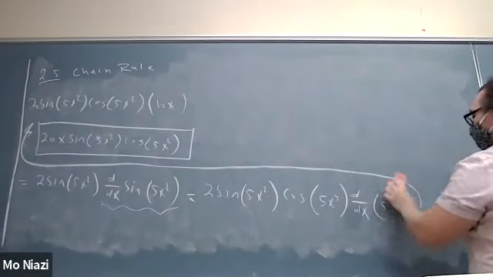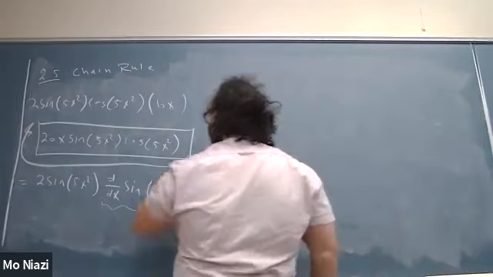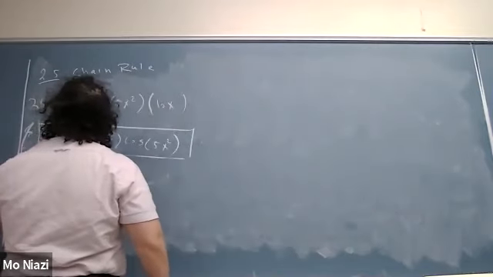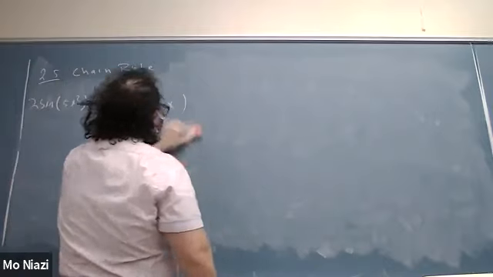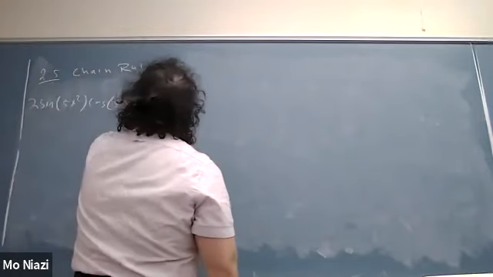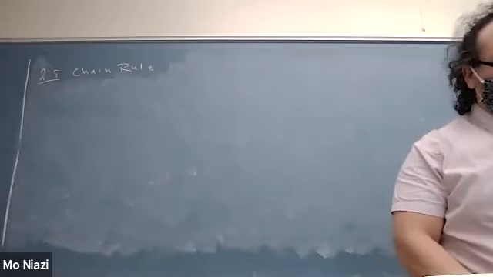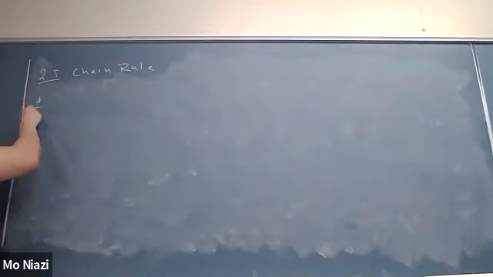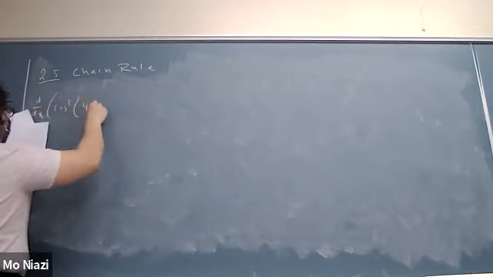Do another kind of example like this. Something similar. What's the ddx of the cosine squared of 4x cubed?